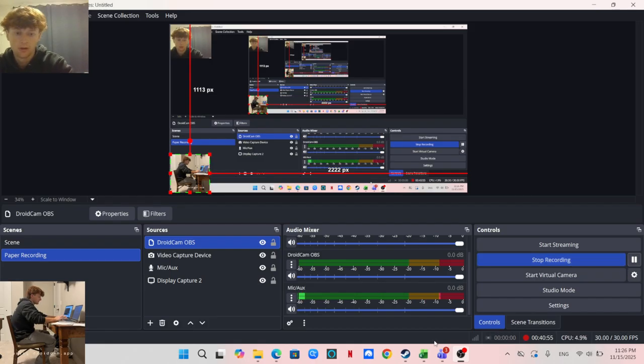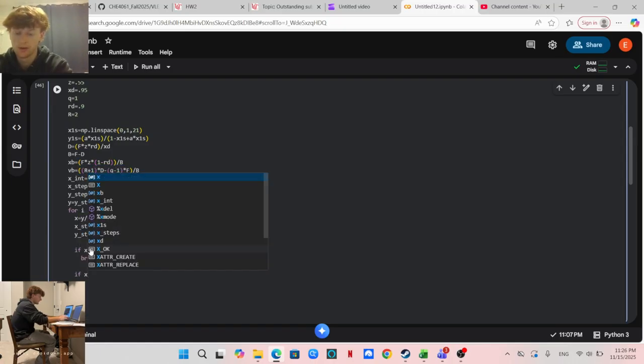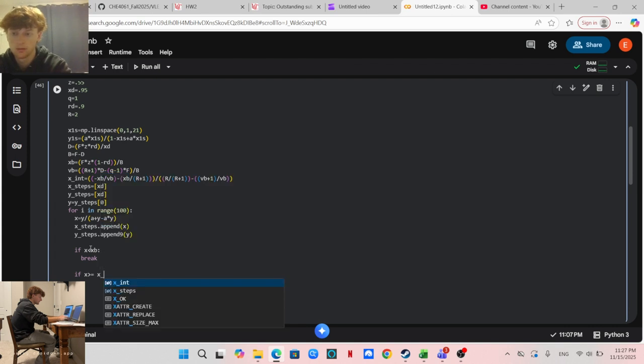Right. So if x is more or equal to our x intercept, we're going to want to use our y is equal. So we're solving for our y's here.